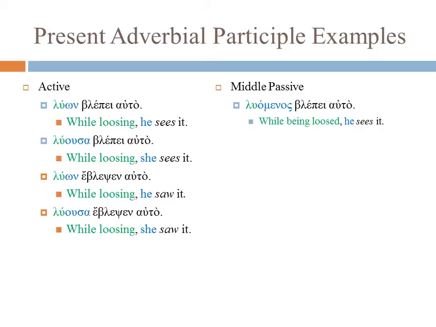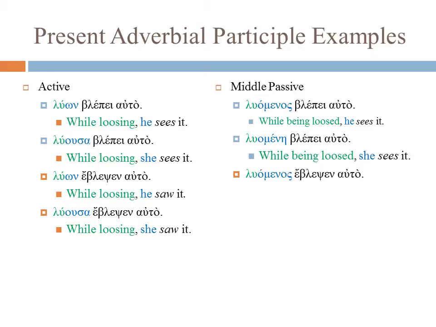The main verb has the subject within it. Luamene blepeata. This time feminine ending. While being loosed, she sees it.